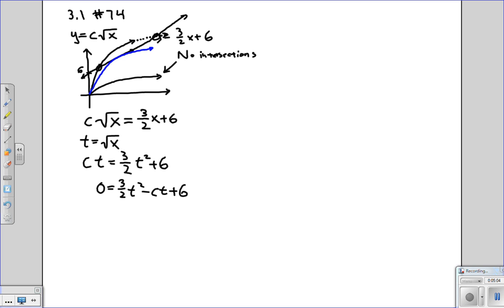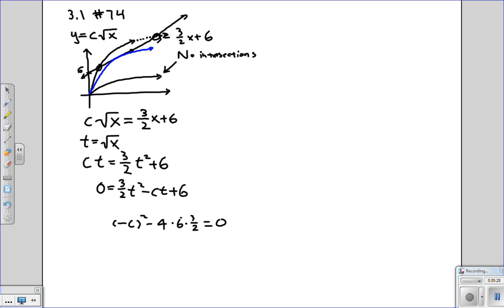Now, if you recall, that portion under the square root is what? It's the coefficient of the t term squared, so it's going to be negative c squared, minus 4 times the constant times the coefficient of t squared, which in our case is 3/2. This has to equal 0 for there to be only one solution.